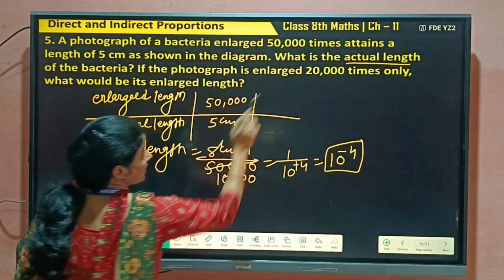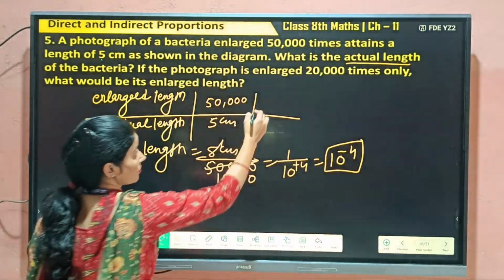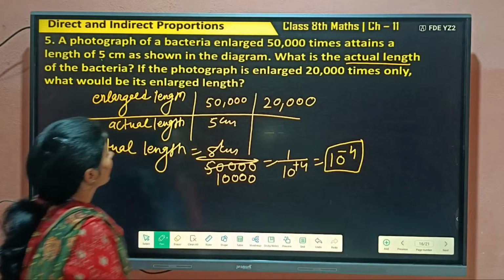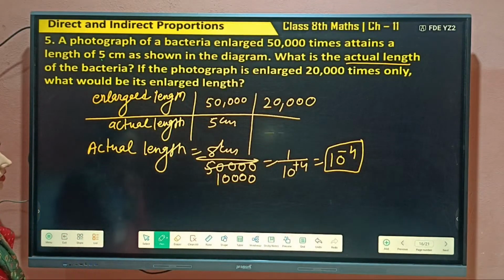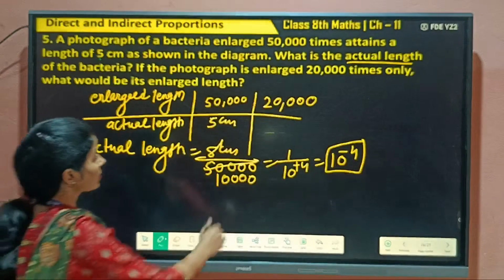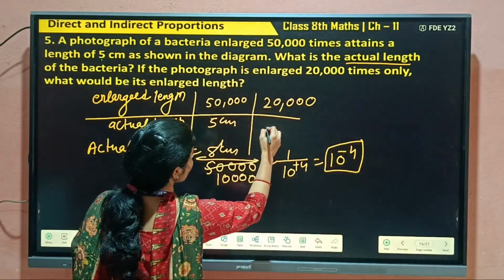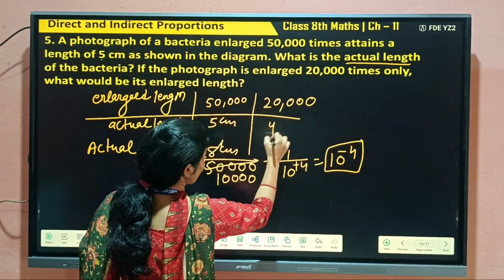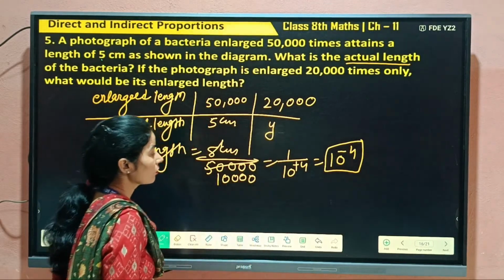If the photograph is enlarged 20,000 times, now this photograph is enlarged 20,000 times, what would be its enlarged length? What will be its enlarged length? This we have to find out. Say this is y.